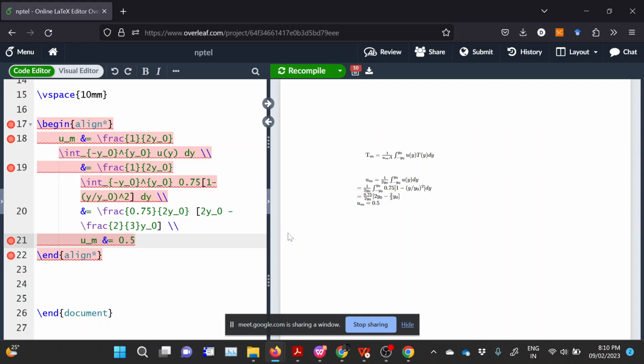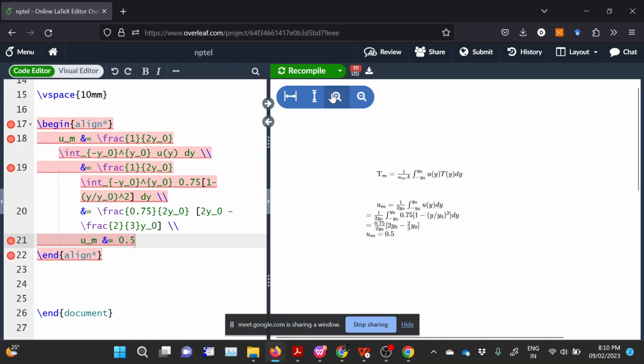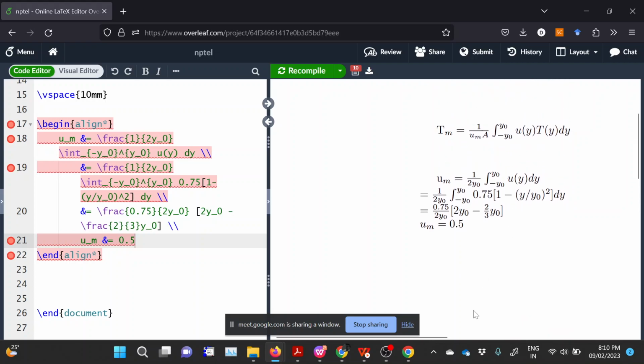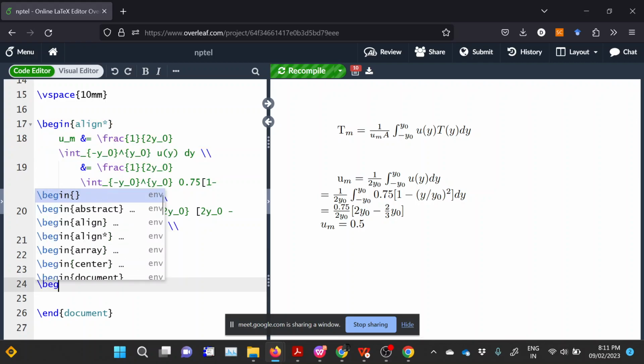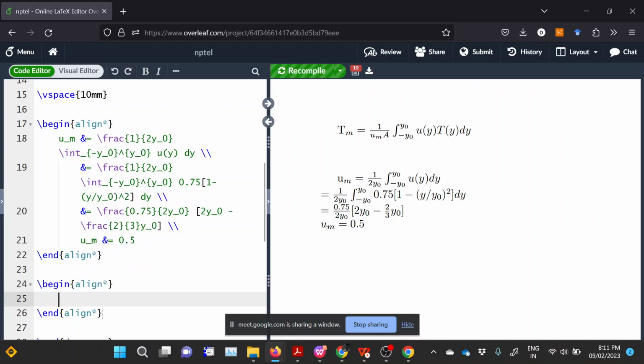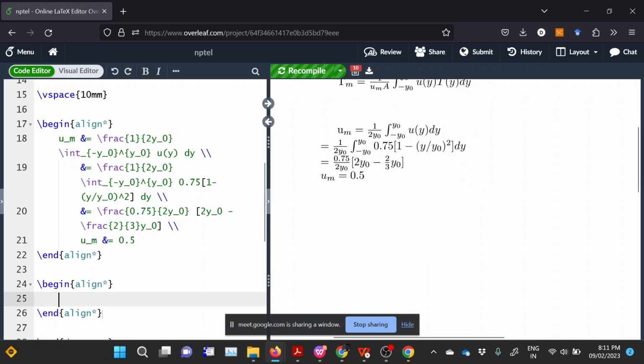Okay, the math, is it even properly visible? I'll zoom in a little bit. You can see the math here, right? So we find out after a lot of struggle, and now we will find out what Tm is.